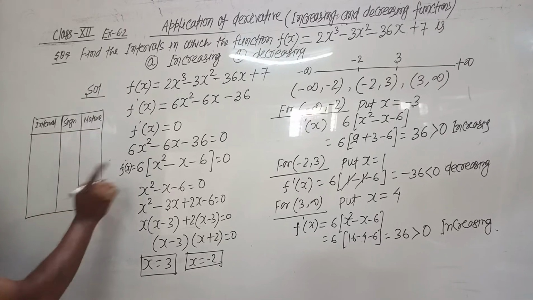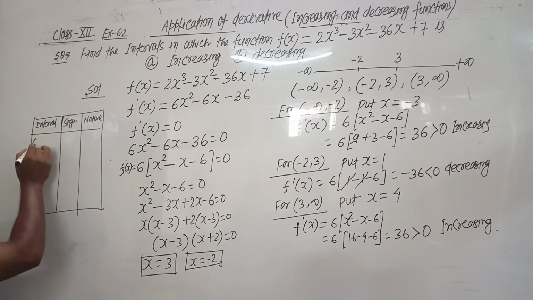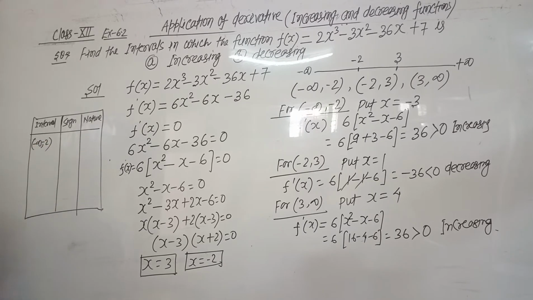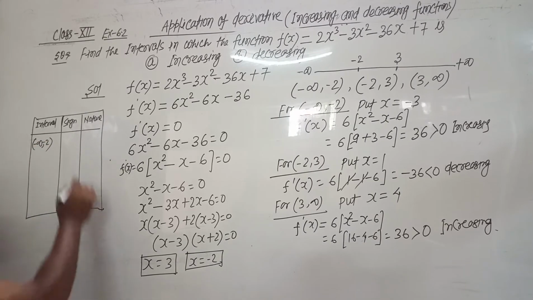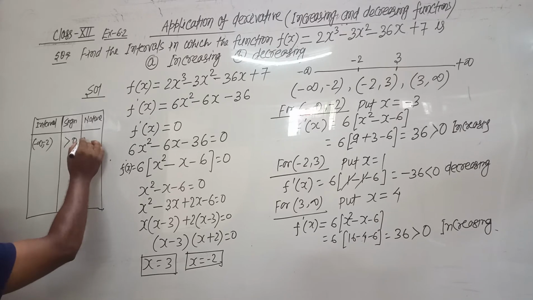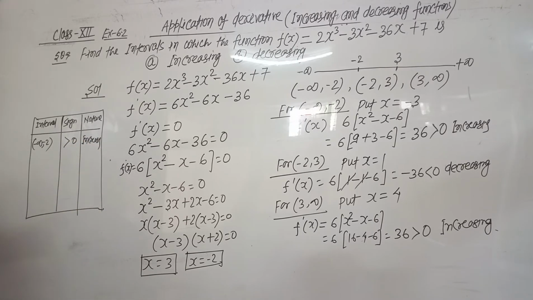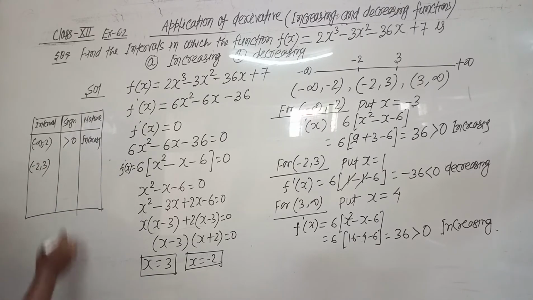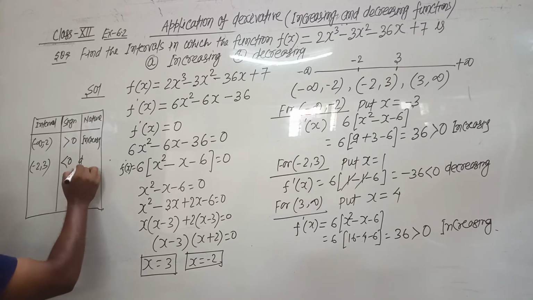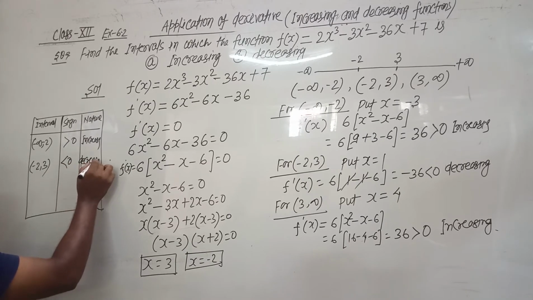So there are 3 intervals. From minus infinity to minus 2, its sign comes to be greater than 0 and the function is increasing. The next interval is minus 2 to 3, and its sign is less than 0 and the function is decreasing.